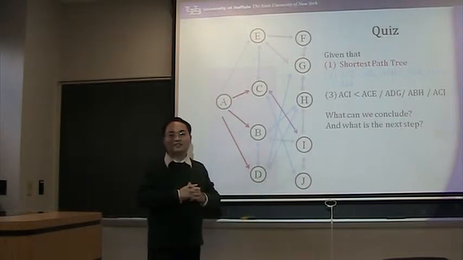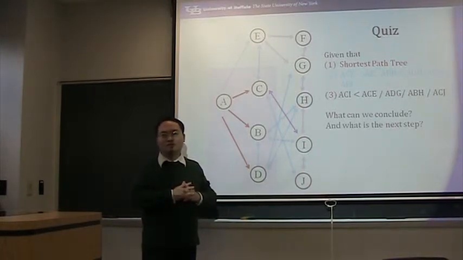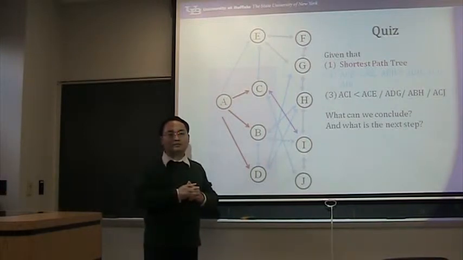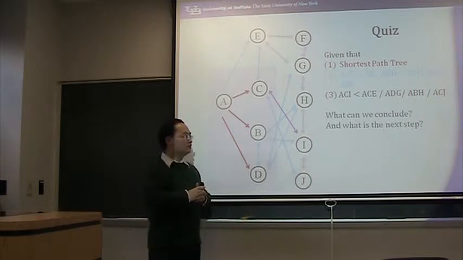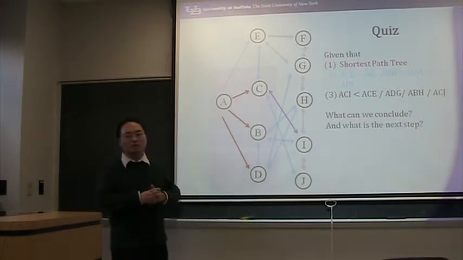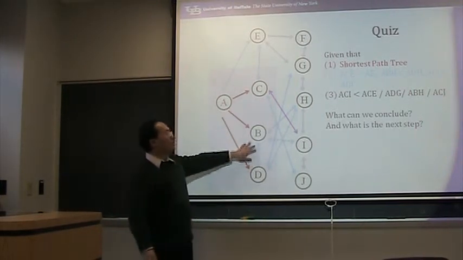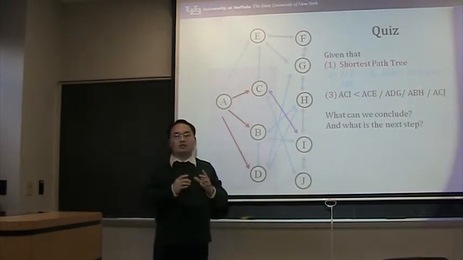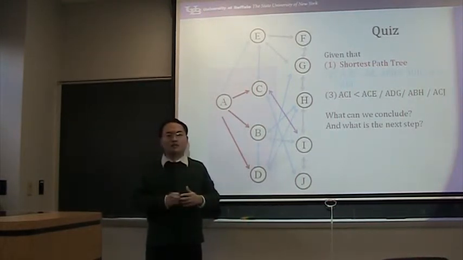How do you construct a shortest path tree? How many nodes should you explore? Initial shortest path tree. In Dijkstra's algorithm, we are always looking for the next shortest path.